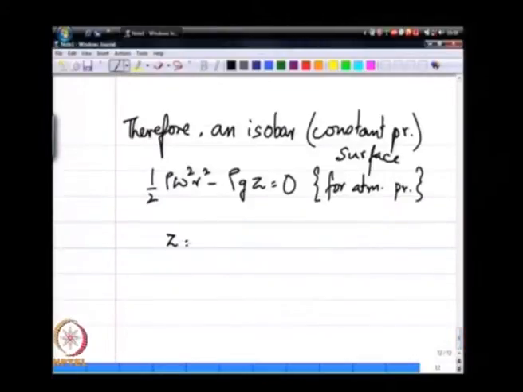So, if I simplify this, this is the equation of my parabola.